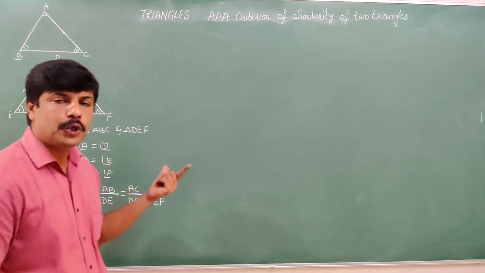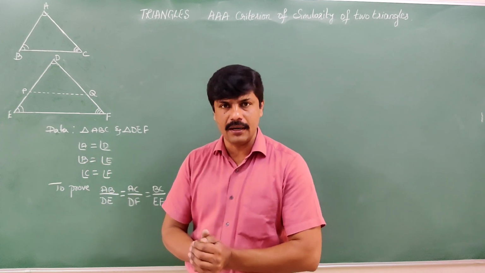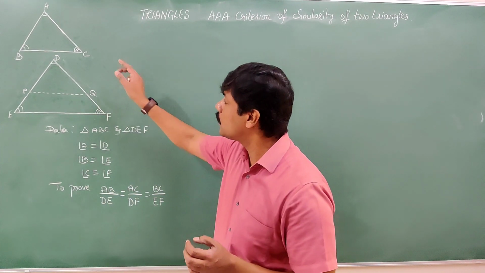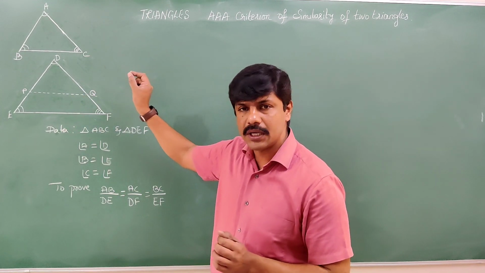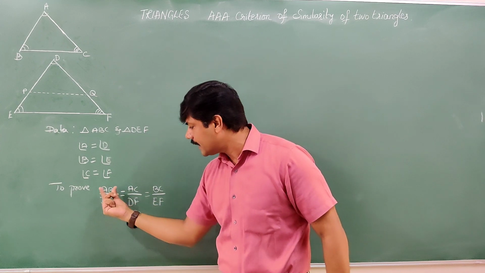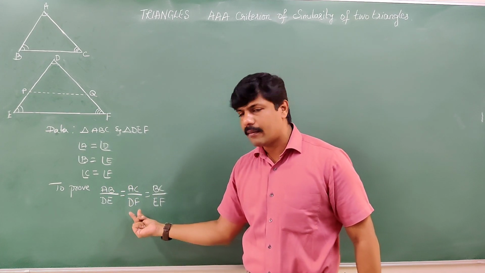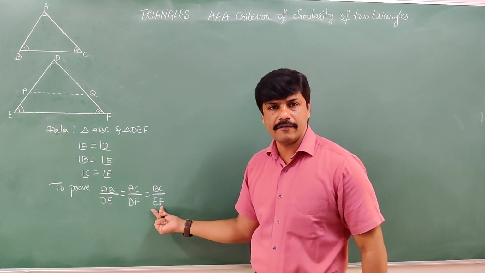If in two triangles, corresponding angles are equal, then the corresponding sides are in the same ratio, meaning AB by DE is equal to AC by DF is equal to BC by EF.